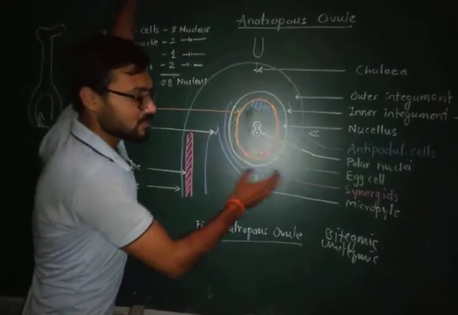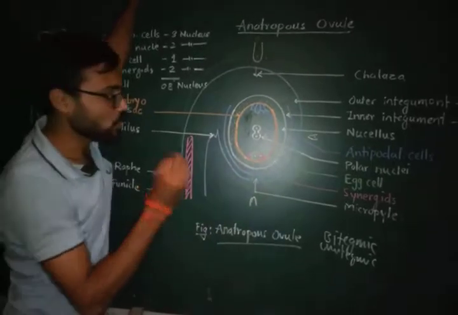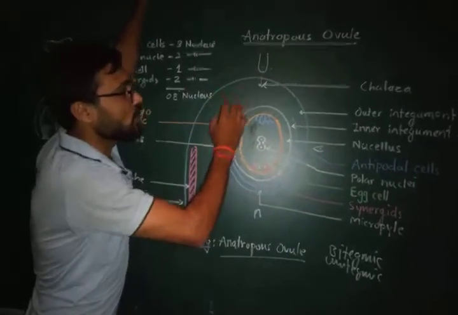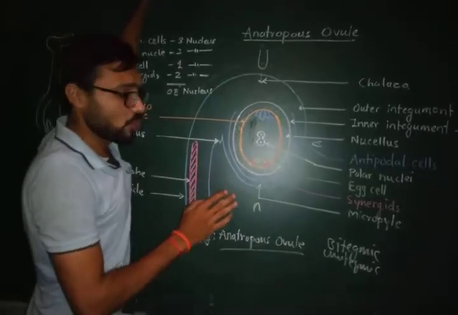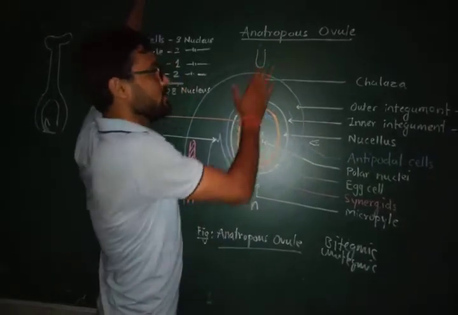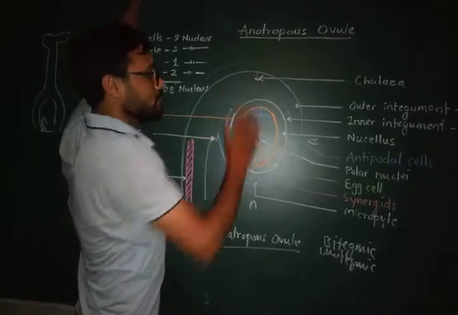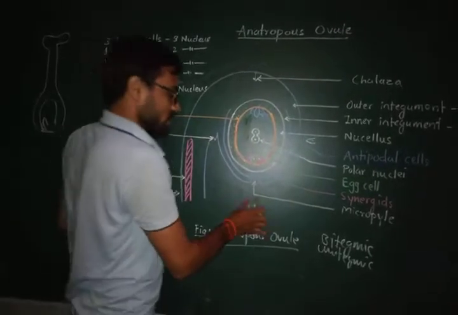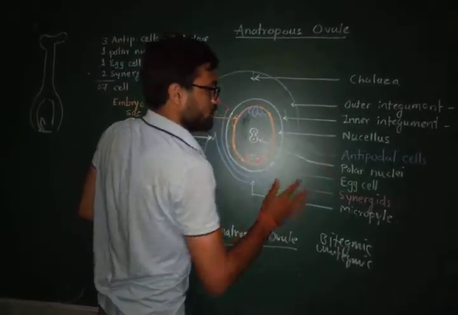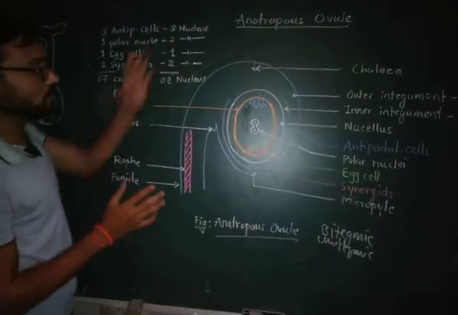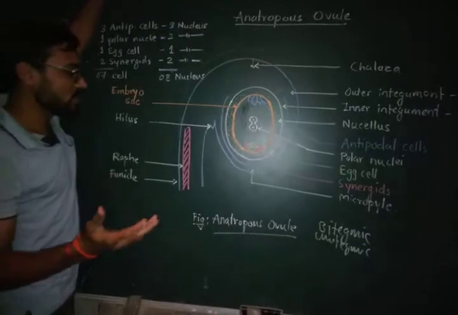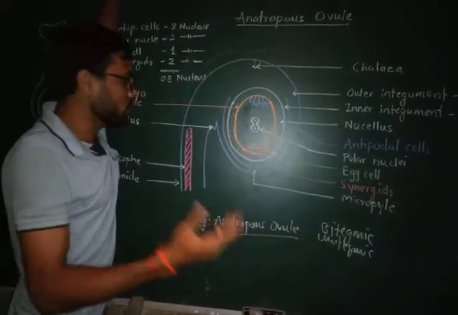This is known as the micropyle, a pore which provides the entry of the pollen tube. Entry does not always take place through the micropyle. There are three types of entry sites for the pollen tube, which we will discuss afterwards.